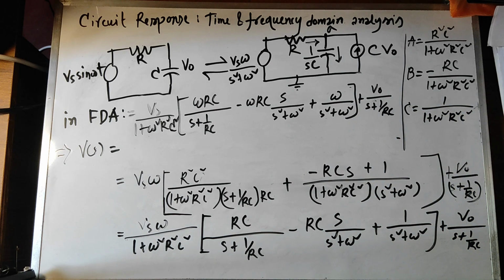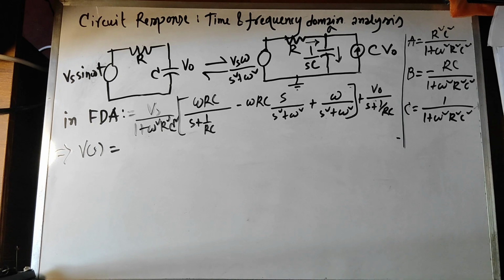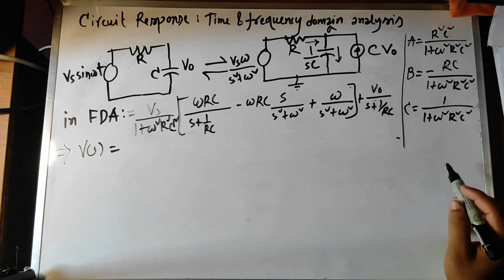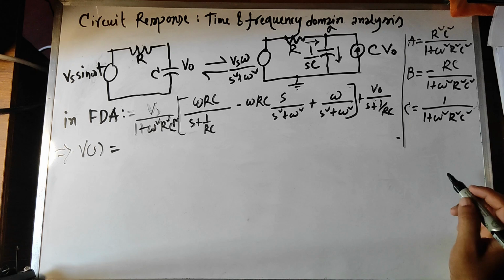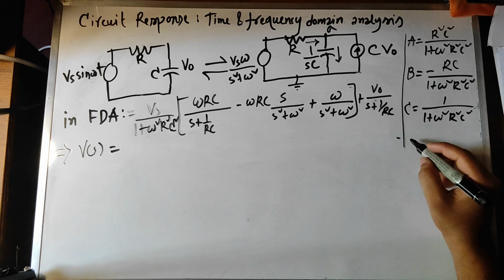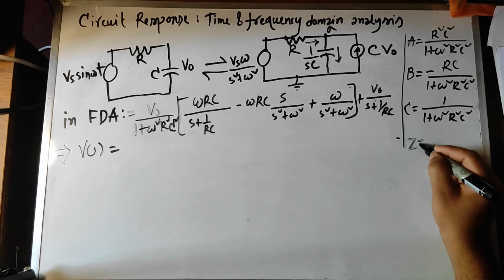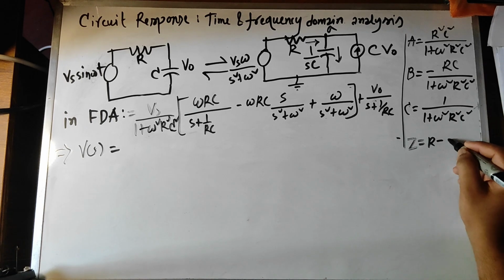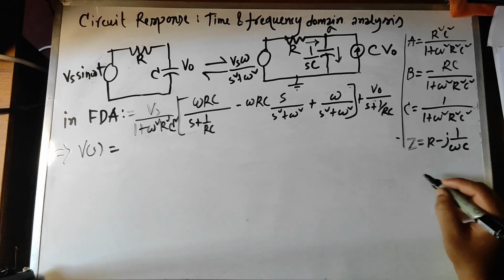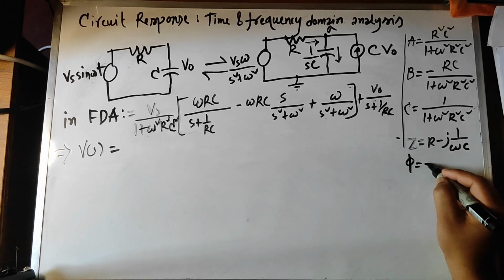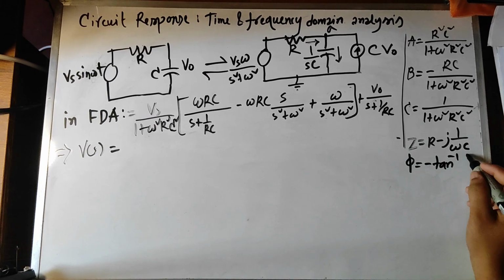Now, what shall we do? Let us define some terms. Let us define the impedance of the RC circuit and phase, as we have done in time domain analysis. We will do this also here. So say Z impedance is R minus j 1 by omega C, and phi is minus tan inverse 1 by omega RC.